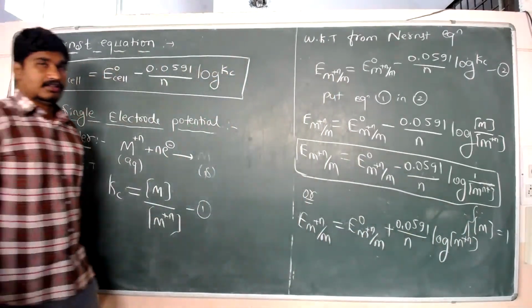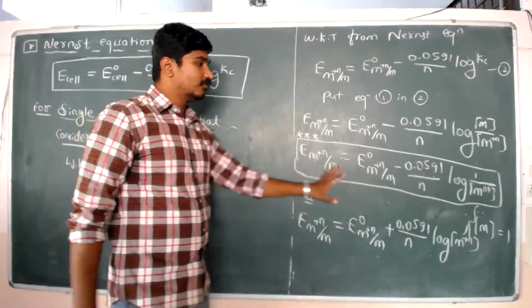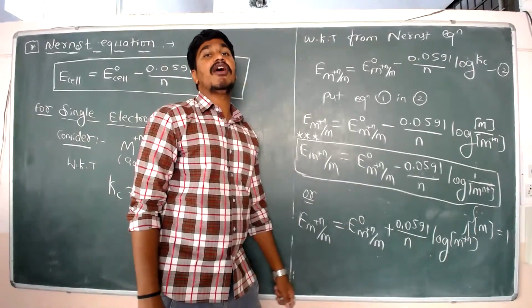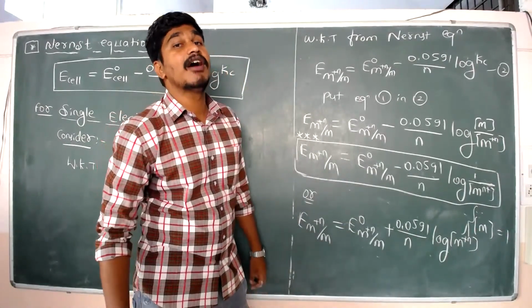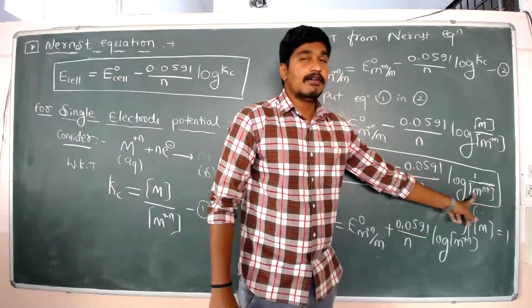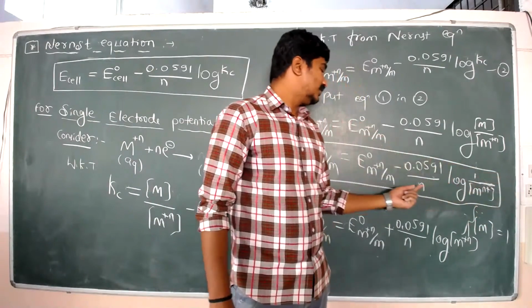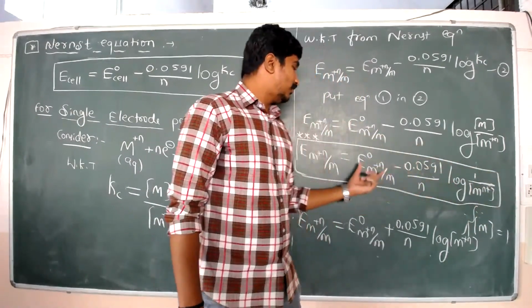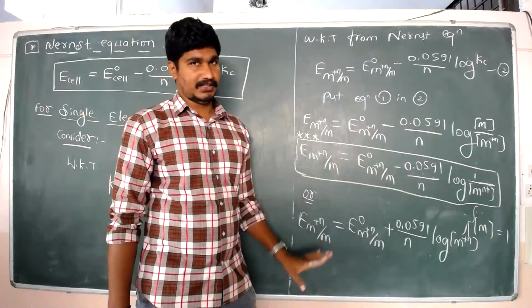Clear? This is the formula which is used to calculate the reduction potential or electrode potential of any given half cell. If you are given the concentration of the metal ion, just substitute this value here. Just calculate how many electrons are transferred. By knowing this, you can easily calculate the reduction potential of any half cell.